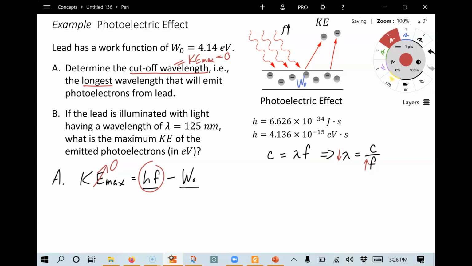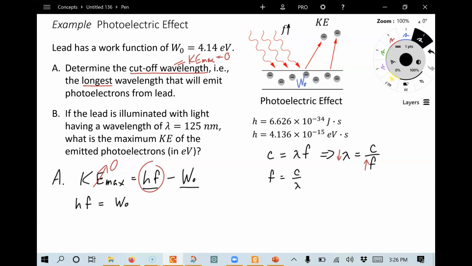If we do a little bit of math here, we can come up with an equation. It says h times f is equal to W0. We can calculate f now and convert later to wavelength, or we can substitute for f. In this case, f is equal to c divided by lambda.